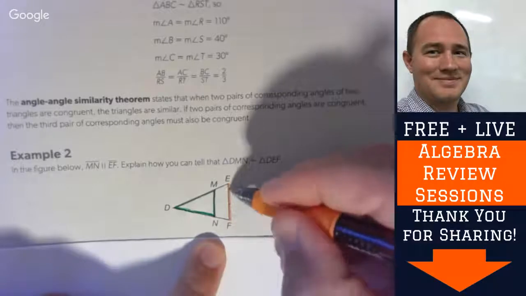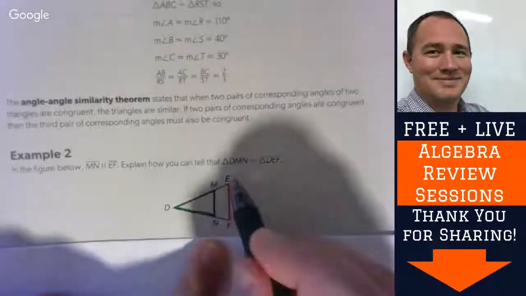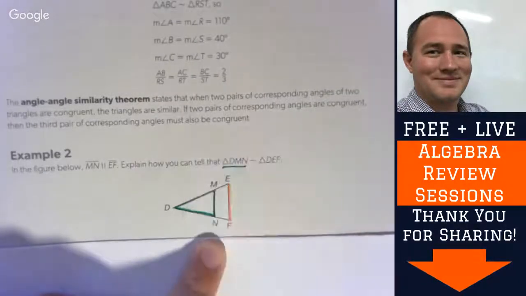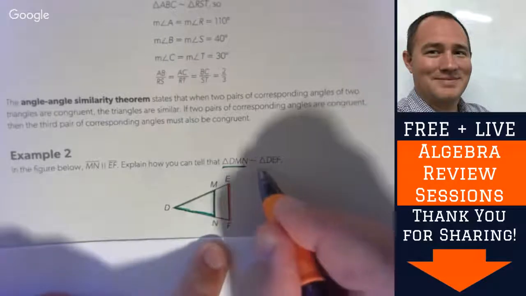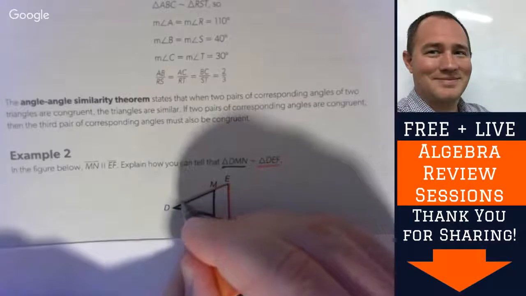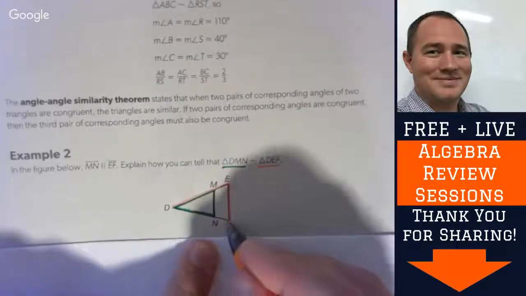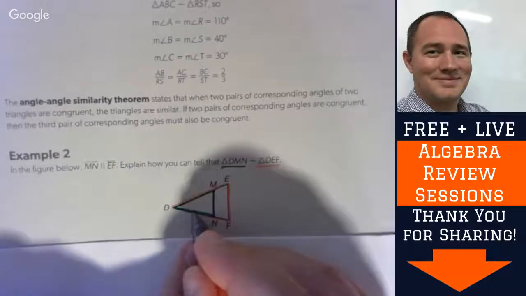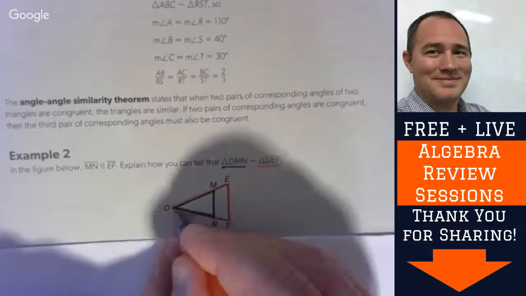So what if we did it as a green triangle and an orange triangle? How about that? And can we show that these 2 triangles are similar?